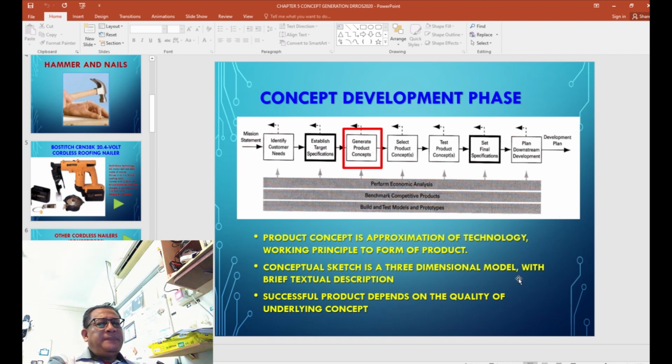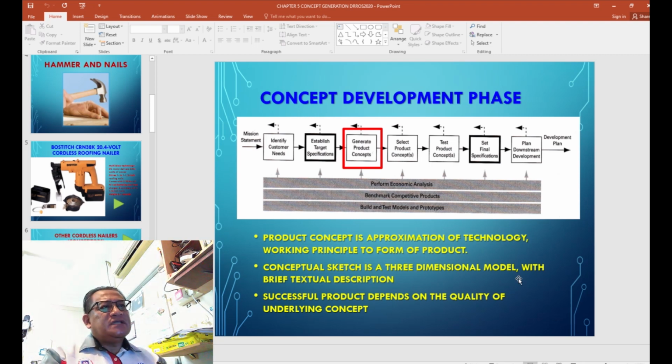So in the concept development phase, we are generating the best concept to be introduced for the development of our new product. We have set target specifications for the product in the previous chapter, and now we are discussing how to find the best concept to develop for a new product.